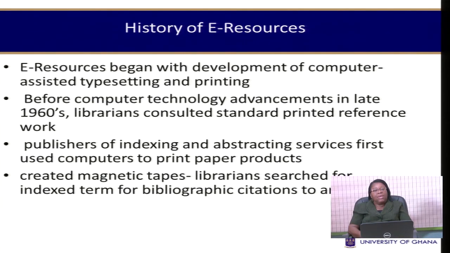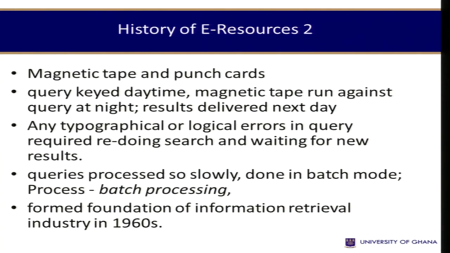The publishers of indexing and abstracting services first used computers to print paper products. It was subsequently that these same paper products were converted into magnetic tapes for librarians to search articles or citations to articles that were required by users.